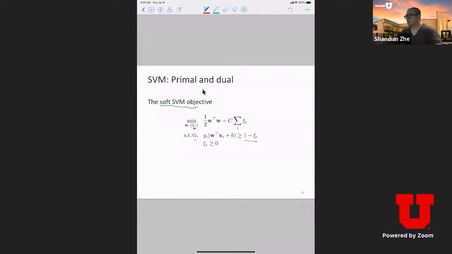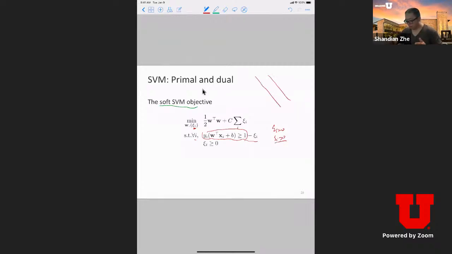Of course, if ξi is 0, the functional margin will be bigger than or equal to 1. That means you're staying on the margin or outside the margin. But if it's strictly bigger than 0, your example breaks into the margin.